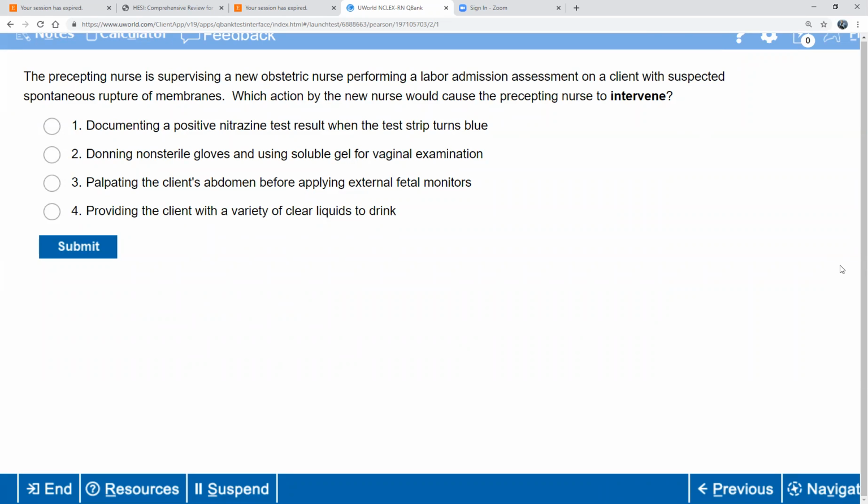Documenting the positive nitrazine test result when the test strip turned blue. Donning non-sterile gloves and using soluble gel for vaginal examination. Palpating the client's abdomen before applying external fetal monitors.